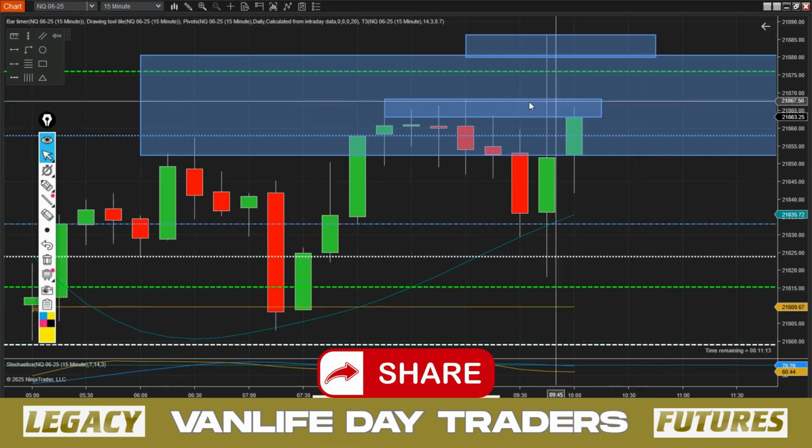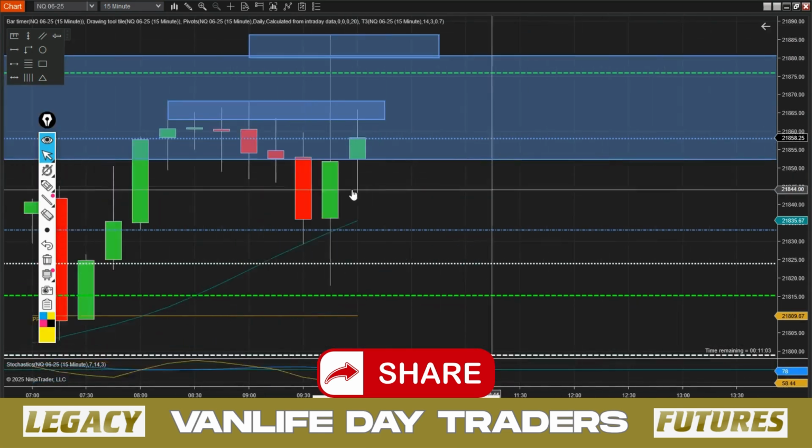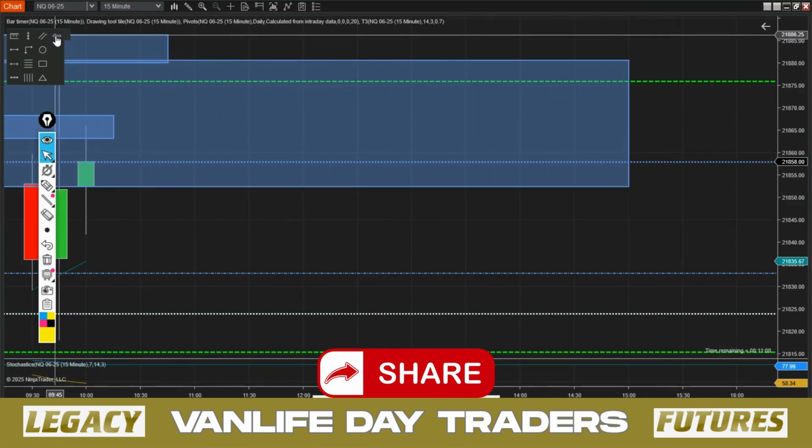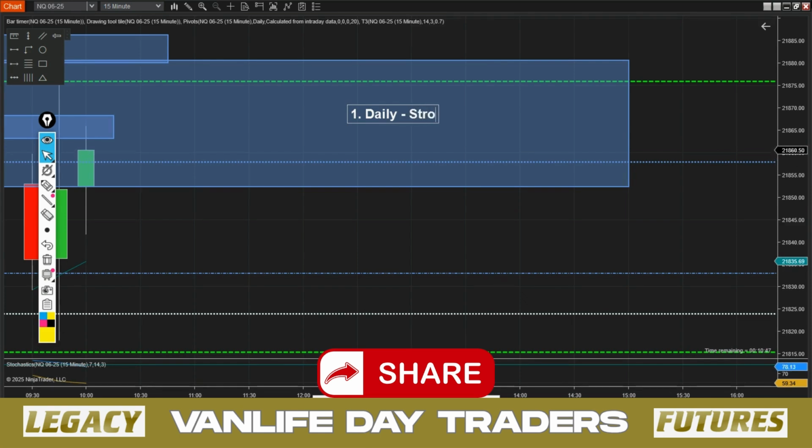And right now, you saw on the daily chart, we hit a big resistance zone, a strong resistance level. Pop.